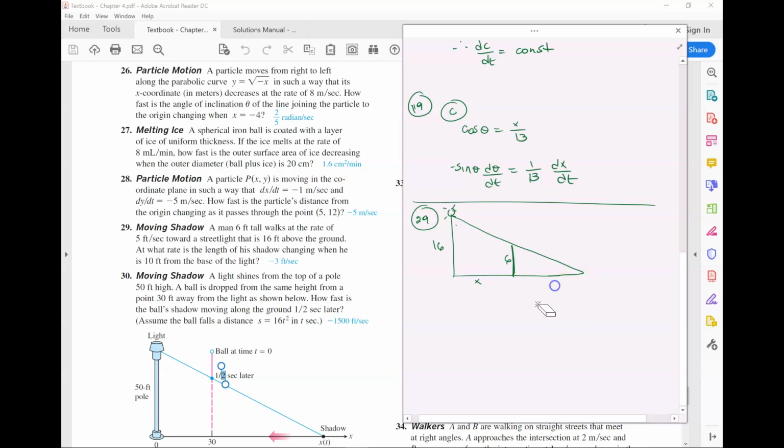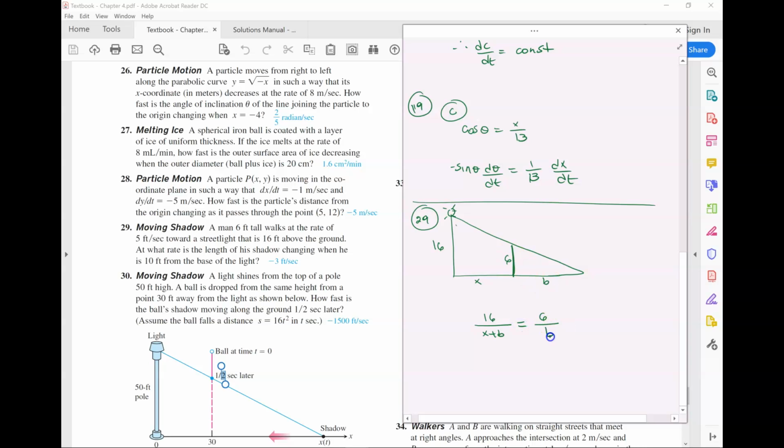Should we do B? Okay. So now how are we going to set up this equation? It's going to be similar triangles, where you have 16 over x plus b is equal to 6 over b.